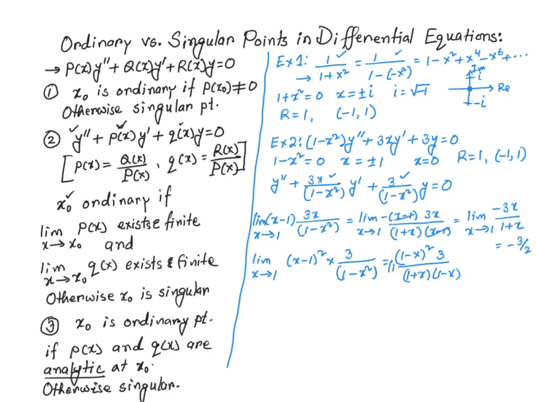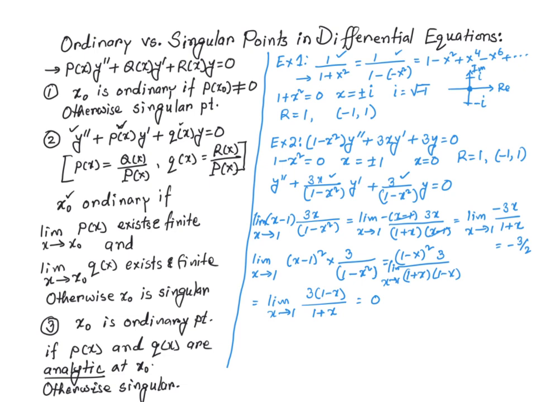And here the limit, of course, x approaches 1. Let's continue with this. So the limit as x approaches 1, and this becomes 3 times (1 minus x) over (1 plus x). As x approaches 1, what happens to this? It becomes actually 0, right? So this limit does exist as well.